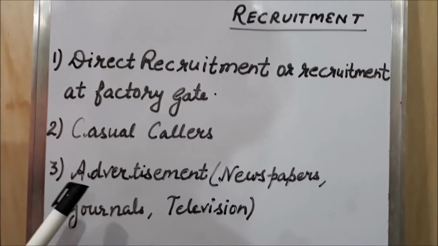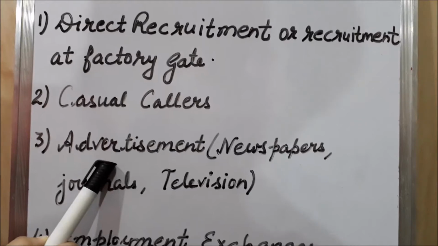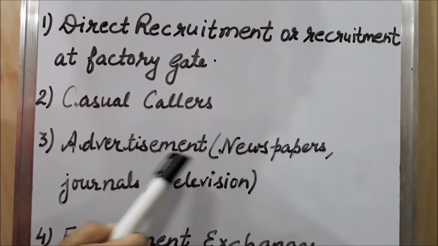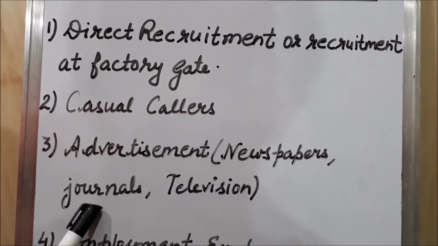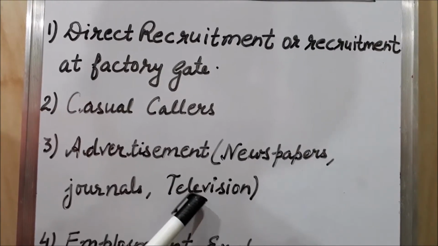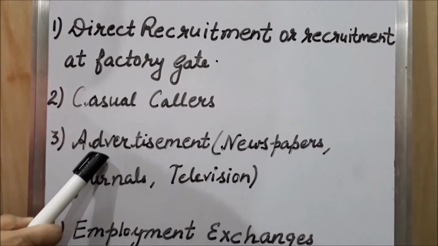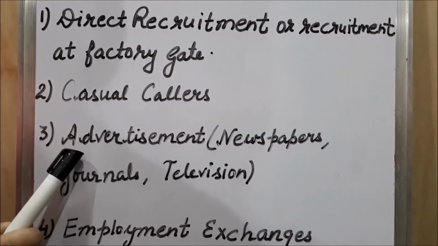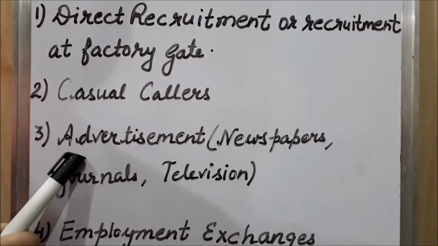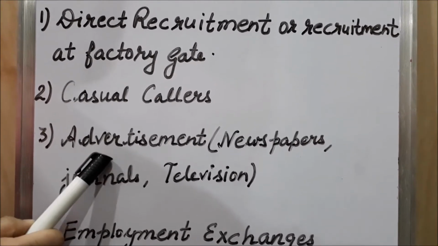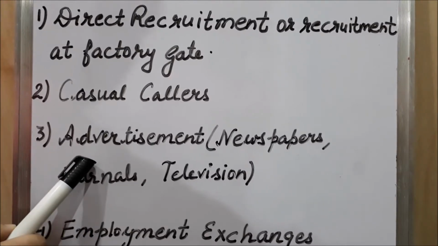The next method is advertisement. Giving advertisements in newspapers, in trade journals or on television. This is a very common method nowadays. Through advertisement, more information about the organization as well as jobs can be given.